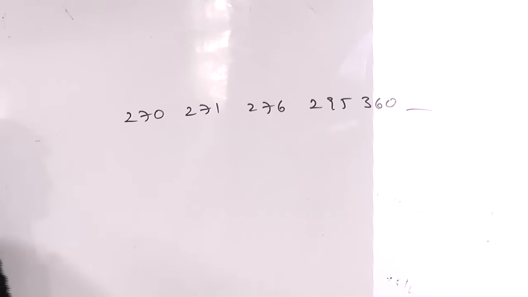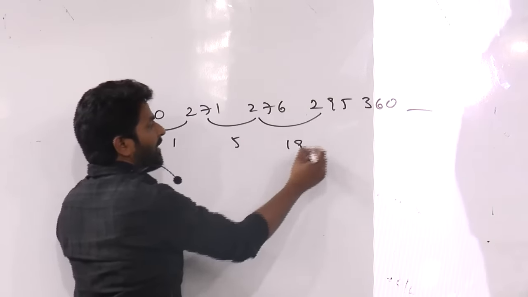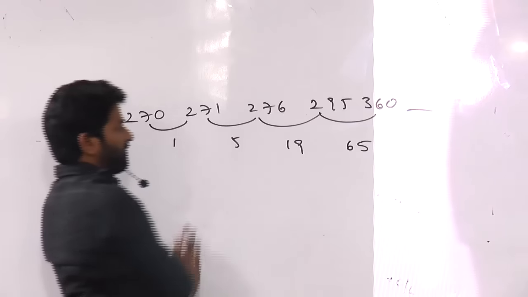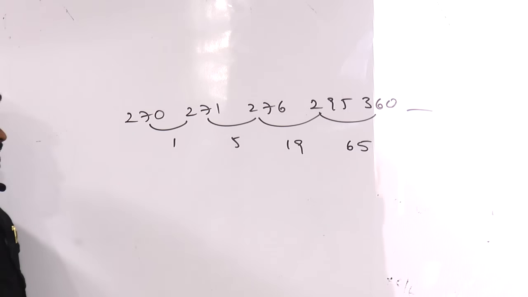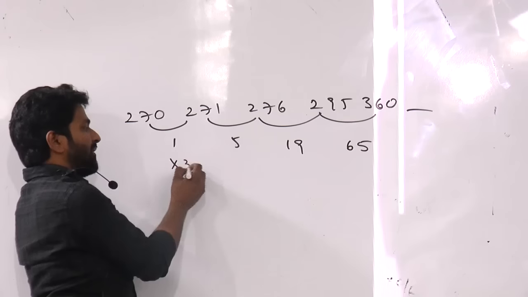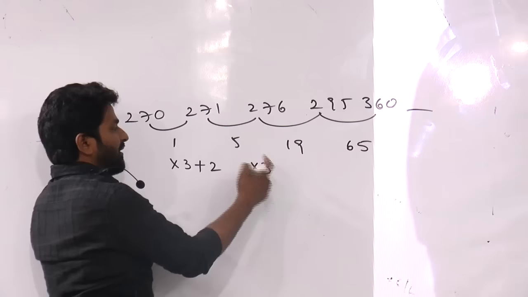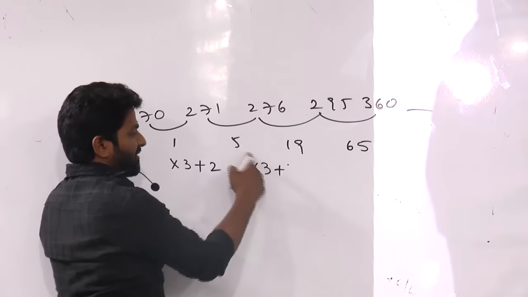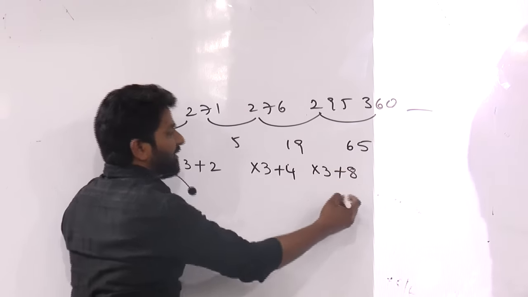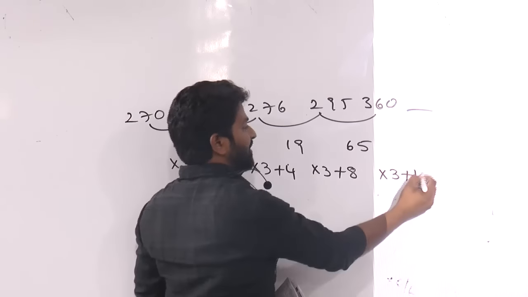Difference, right? 1, 5, 19, 65. Yeah, coming. Into 3 plus 2, into 3 plus 4, into 3 plus 8. Next should be into 3 plus 16.